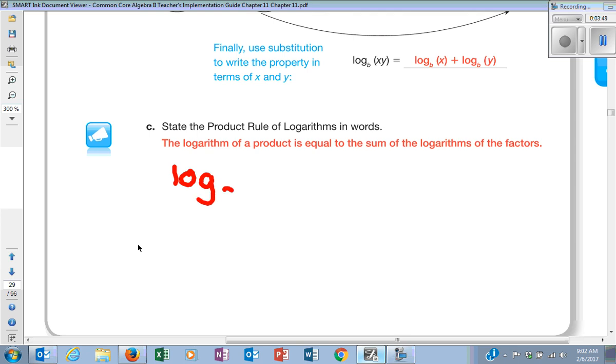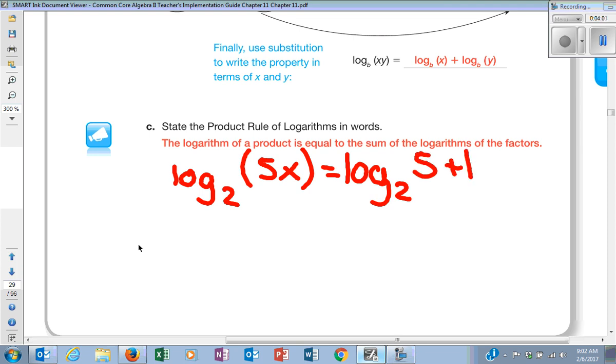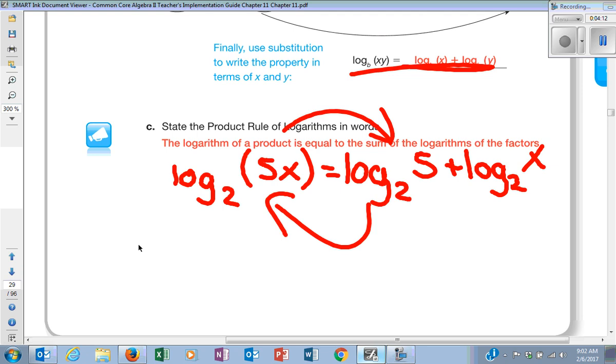So anytime you have something where you have the log with base b, so if I had log base 2 of 5x, so that's 5 times x, I could rewrite that as log base 2 of 5 plus log base 2 of x. And that's what this rule is stating right here. And not only can I go this way, but I can also go backwards.